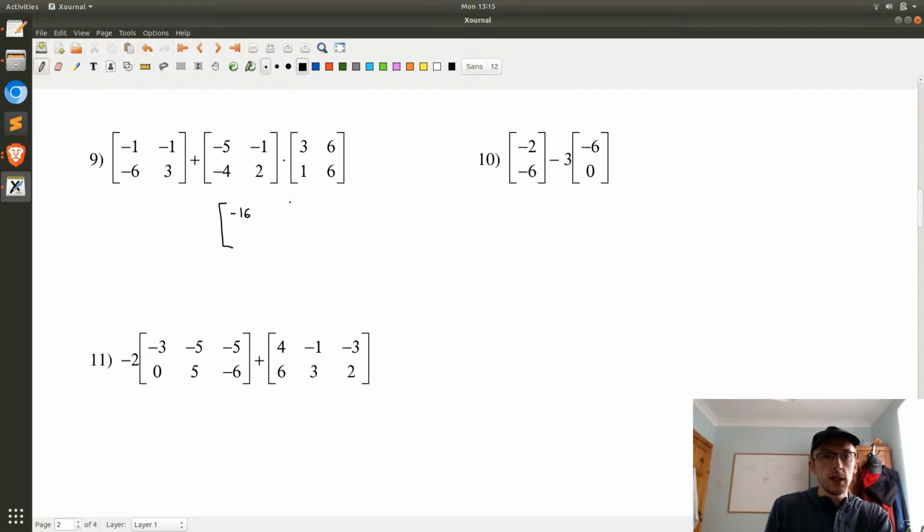Great. -30, take 6 is -36. -12 add 2, so -10. -24 add 12, so -12. And add that matrix to that matrix right there. And we'll get this 2 by 2 matrix, which is -17, -37, -16, -9, and we're done.